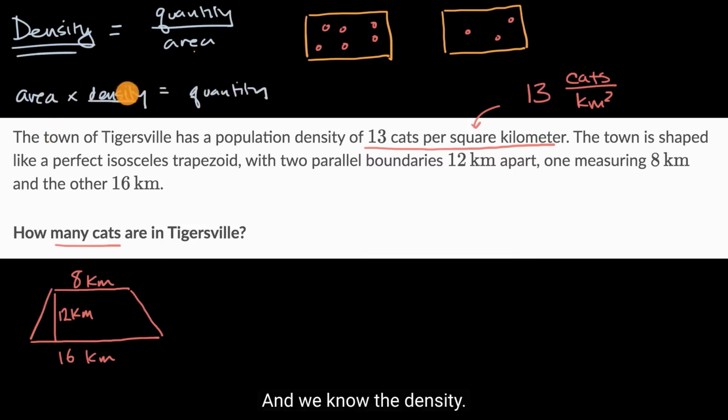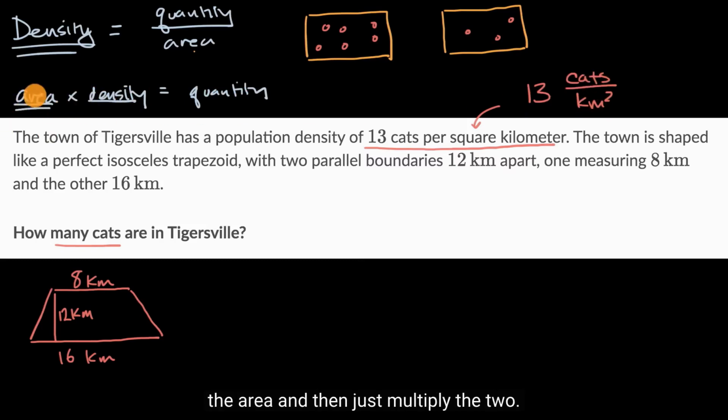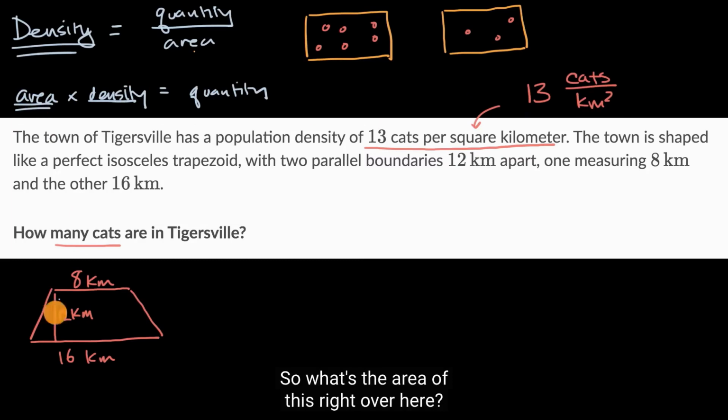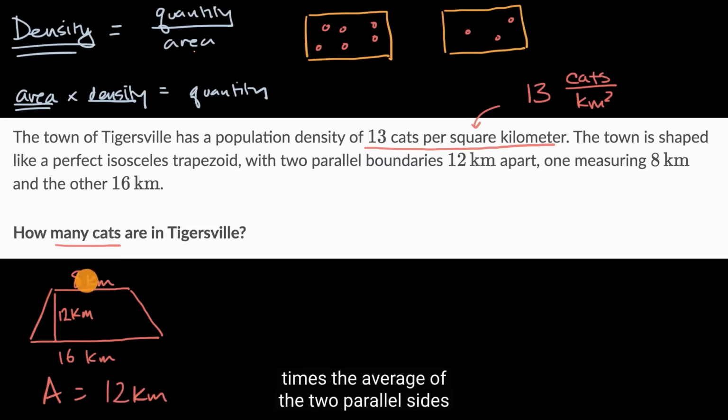And we know the density, it's 13 cats per square kilometer, and we can figure out the area and then just multiply the two. So what's the area of this right over here? Well, the area of a trapezoid is going to be 12 kilometers, the height of the trapezoid, times the average of the two parallel sides.